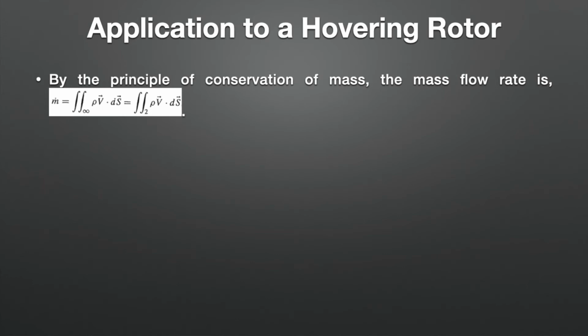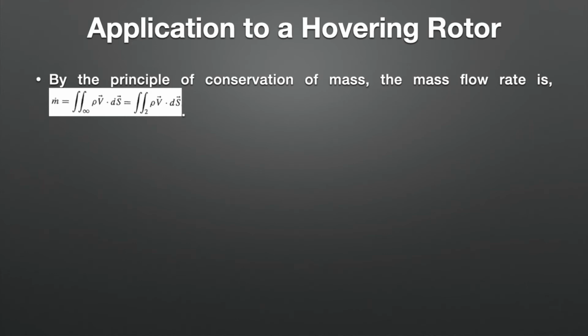Now we have to assume that the flow is quasi-steady, and by the principle of the conservation of mass, the mass flow rate m dot must be constant within the boundary of the rotor wake.